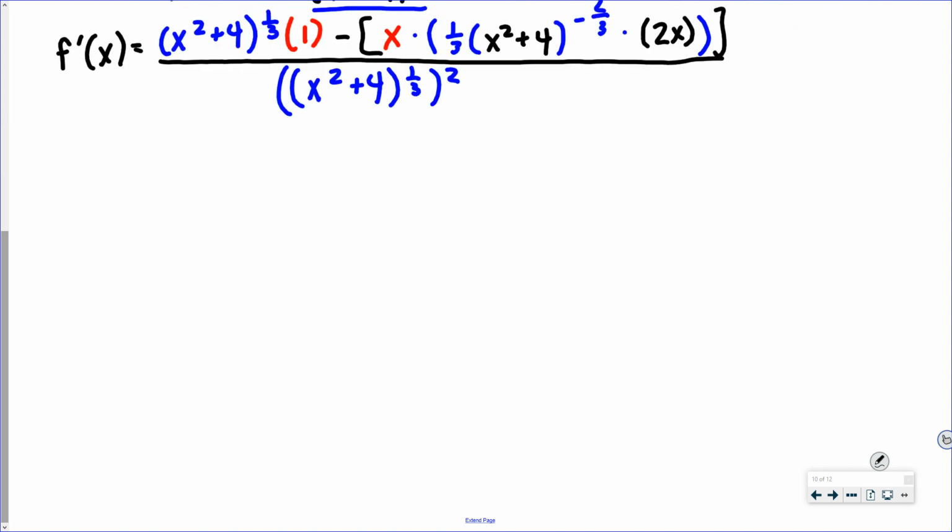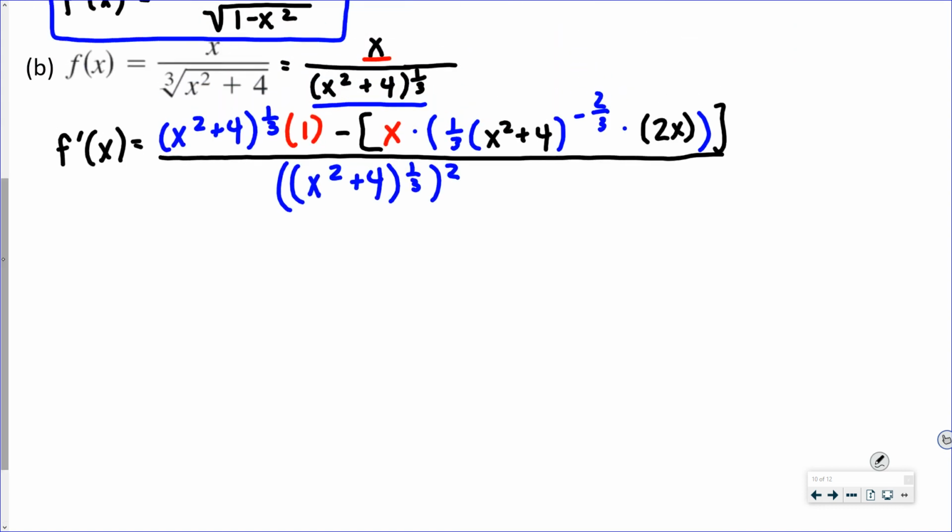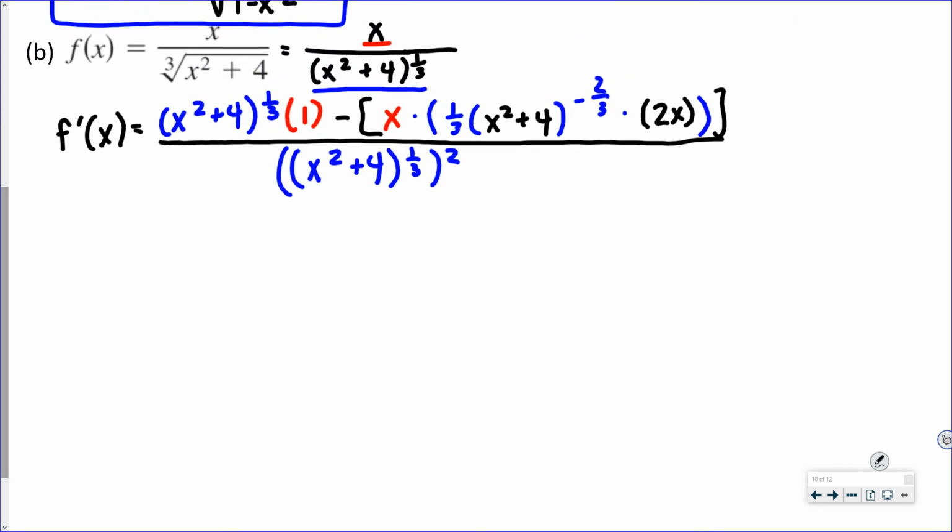Okay, let's take this piece by piece again. Now we got some tough algebra. All right, this first piece, I'm just timesing by 1. Nothing I can really do there. I have x squared plus 4 to the 1/3. All right, this.